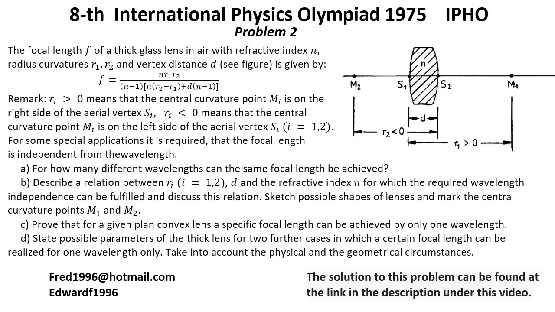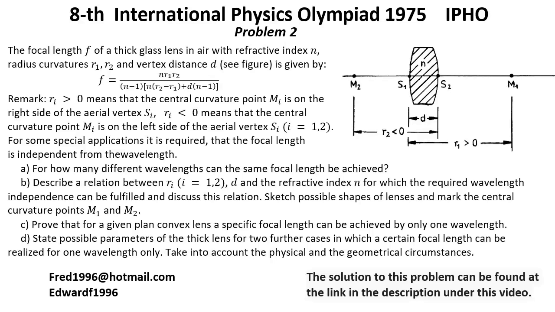Problem number 2. The focal length f of a thick glass lens in air with a refractive index n, radii of curvature r1 and r2, and the vertices distance d, see the figure, is given by the formula f equals this expression.